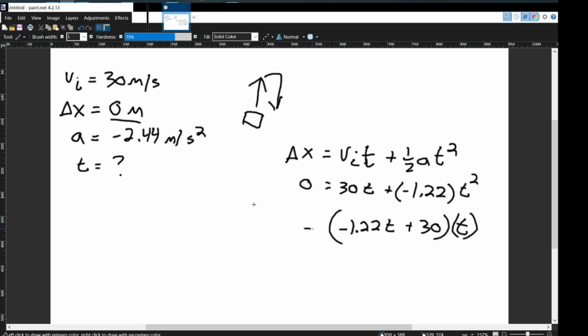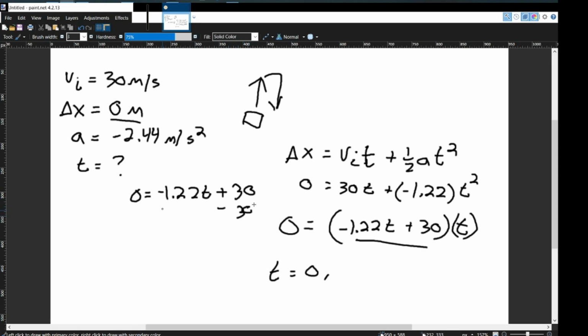We're asking when that equals 0. Of course it equals 0 when t equals 0, because anything times 0 is 0. And then when does this other part equal 0? Let's solve that. 0 equals negative 1.22t plus 30.